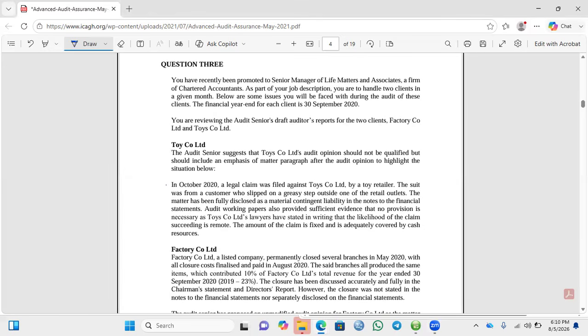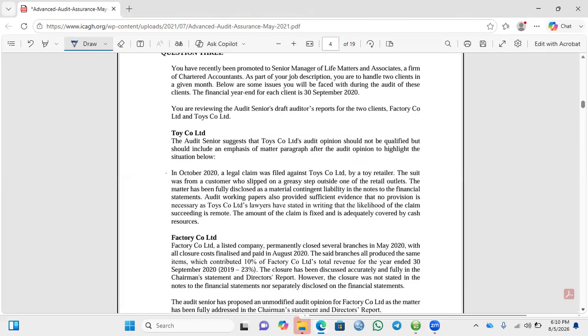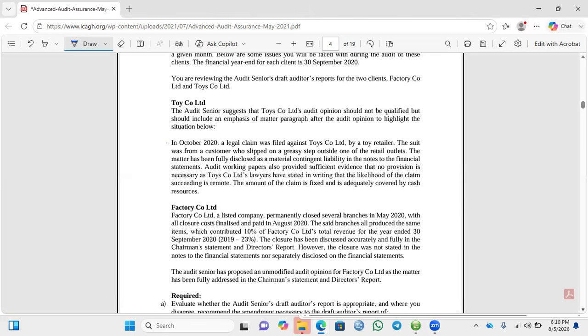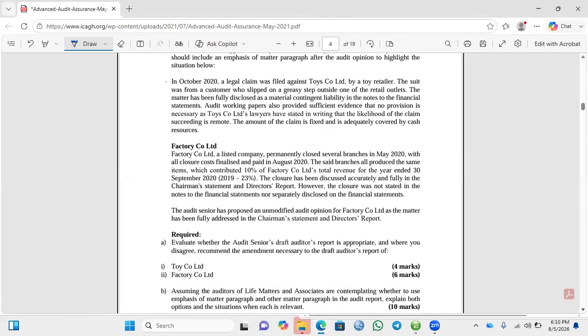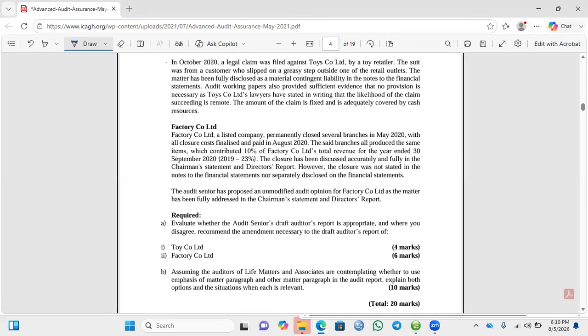permanently closed several branches in May 2020, with all closure costs finalized and paid in August 2020. The said branches all produced the same item, which contributed 10% of Factory Company Limited's total revenue for the year ended 30th September 2020, compared with 23% in 2019.